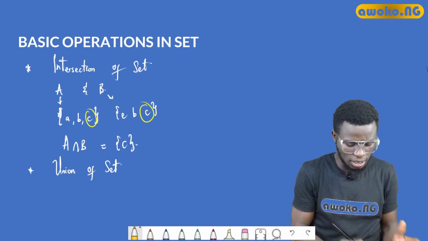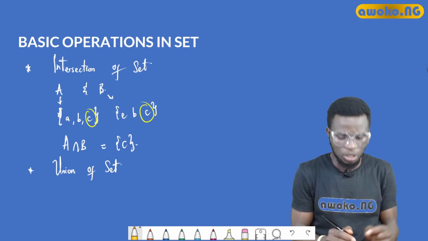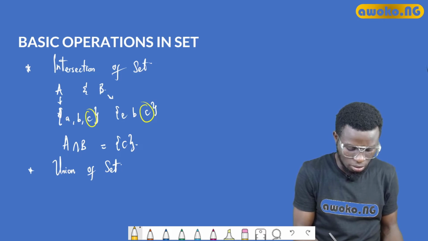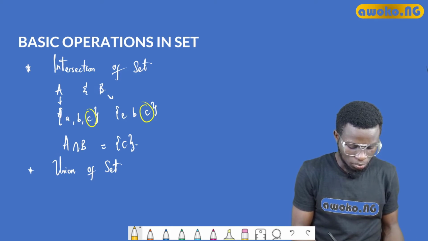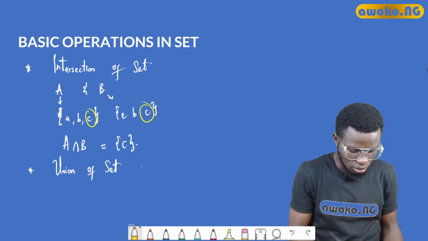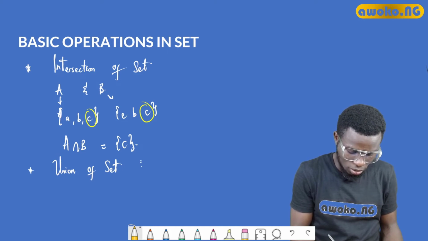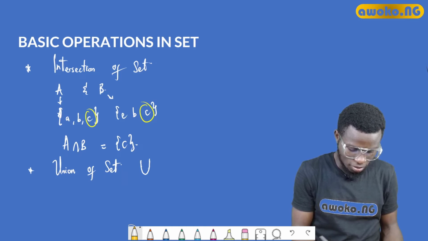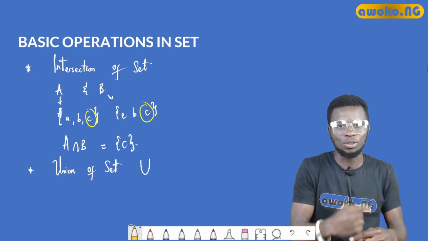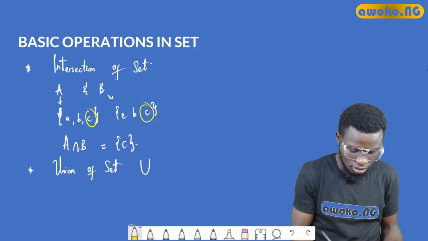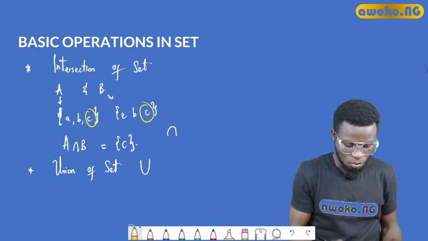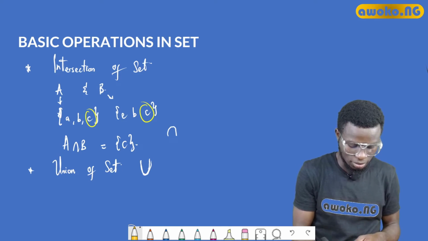So the union of two sets, A union B, is designated with the symbol, not totally U, but a curved U. It's just like the inverse of the intersection. Intersection is this, while union is this.